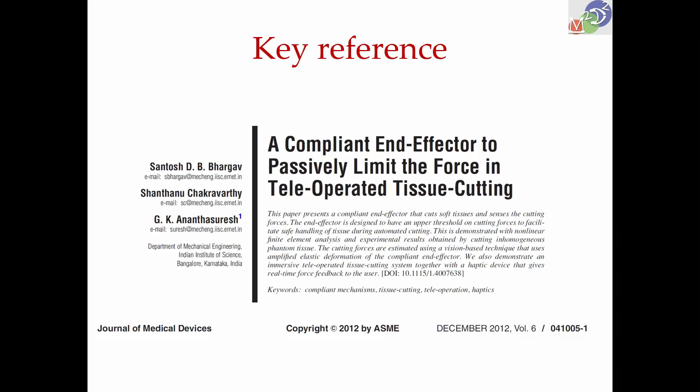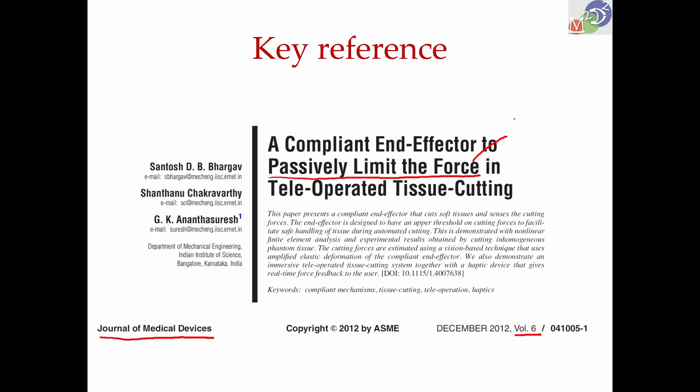The key reference for this is a paper that appeared in the Journal of Medical Devices. Compliant mechanisms have a number of biomedical applications. This is one of the examples, volume 6 in 2012. As you can see, this also has other features, other than passively limiting the force, which is one feature.